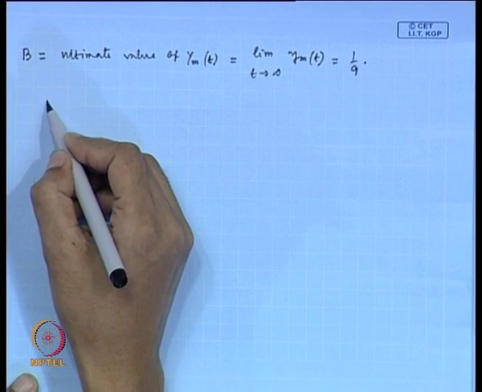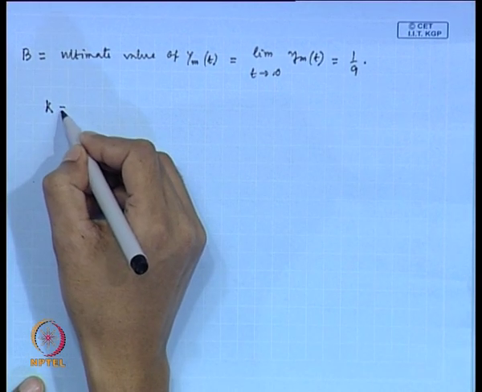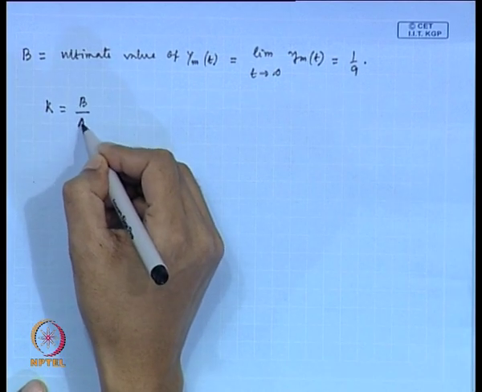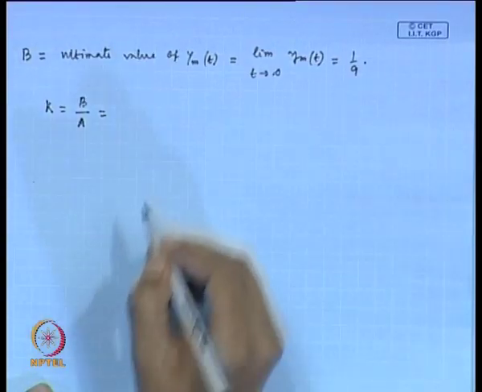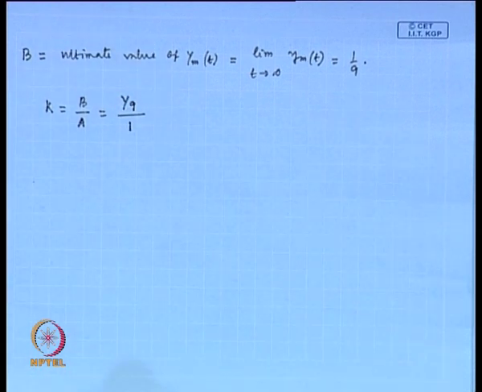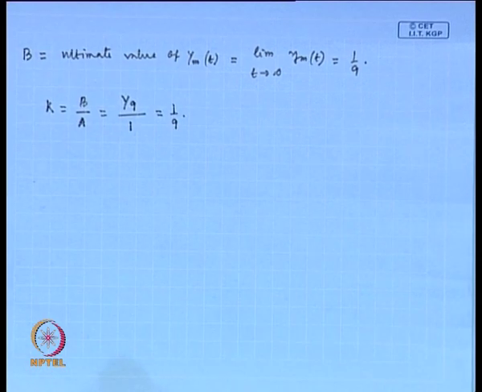Now, we can determine the gain K. K is equal to B divided by A. B is the ultimate value of the response and A is the magnitude of the input function. So, B we obtained 1 by 9 and A is 1 because we have introduced a unit step change. That means this K is 1 by 9.